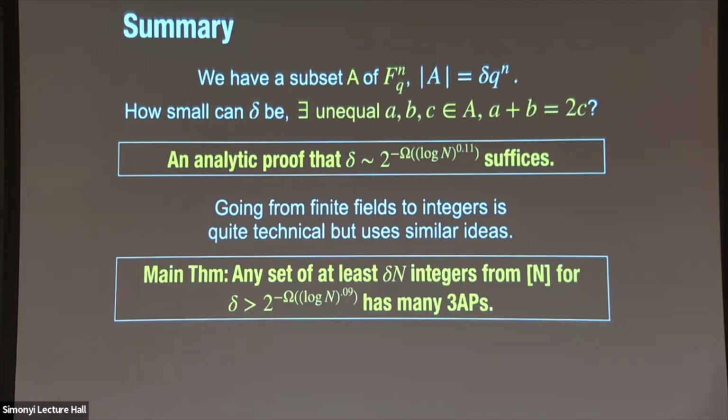And this is what gives us the main theorem. There's some more loss in the exponent when you go to integers as opposed to just finite fields, but it's about the same. So that's all I want to say about the proof, and hopefully I'll say more details tomorrow.